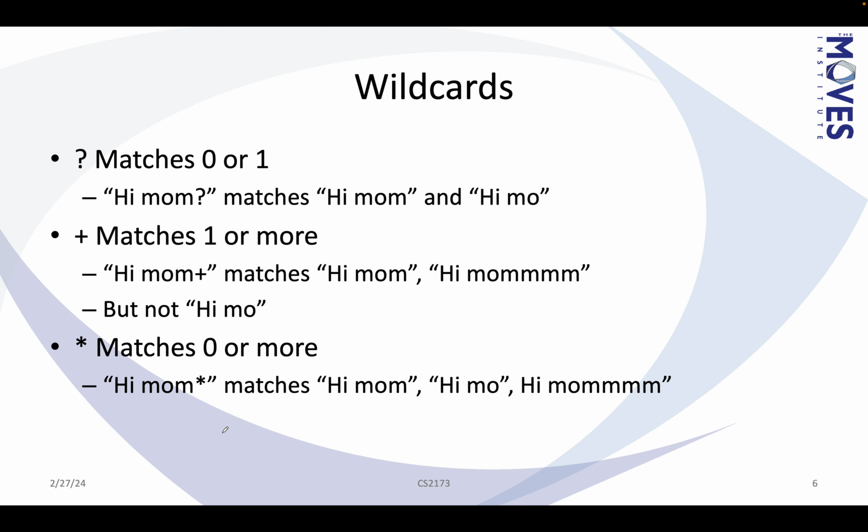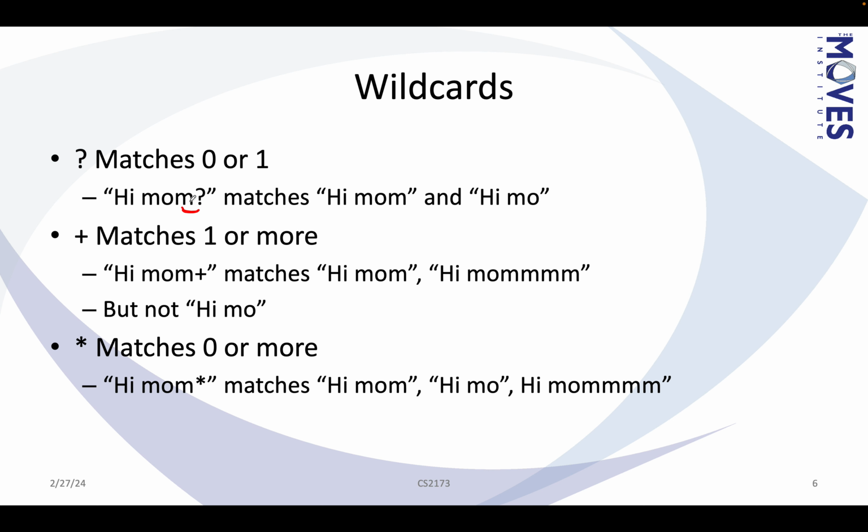And wildcards. We've seen the star, and we've seen the dot, which matches one of anything. A question mark will match 0 or 1 instances of it. So if I say hi mom question mark, that says the thing right before it will be either 0 or 1 of these.